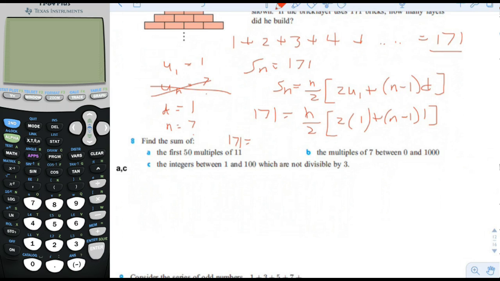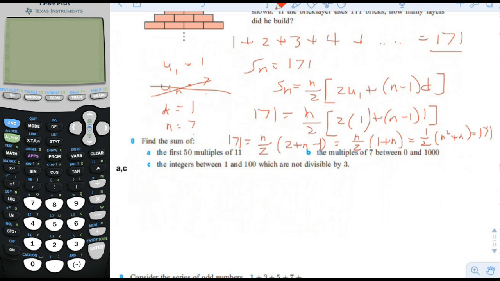So let's simplify this. We have 171 equals n divided by 2 times 2 plus n minus 1. So that's equal n divided by 2. I'm sorry, 2 minus 1. So that would be equal to 1, n divided by 2 times 1 plus n. Okay? And so that's equal to, let's see, 1/2 n squared plus n equals 171.